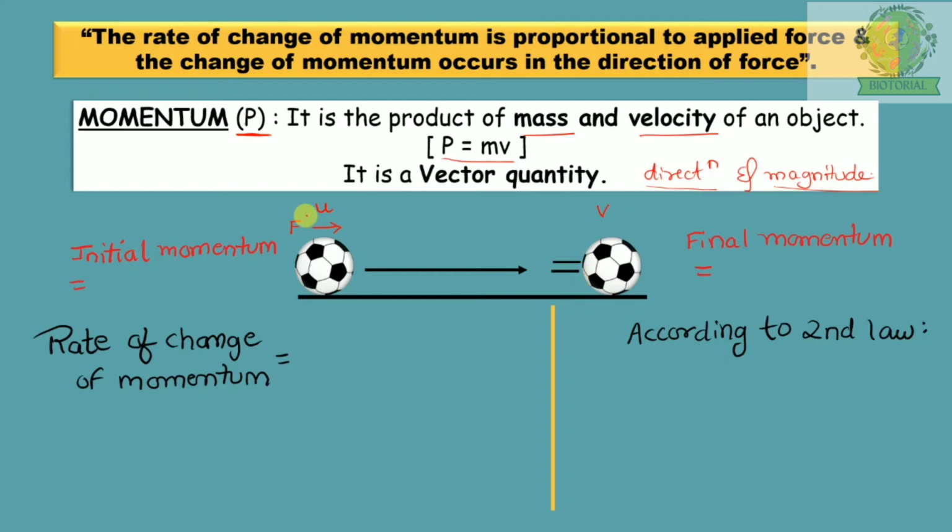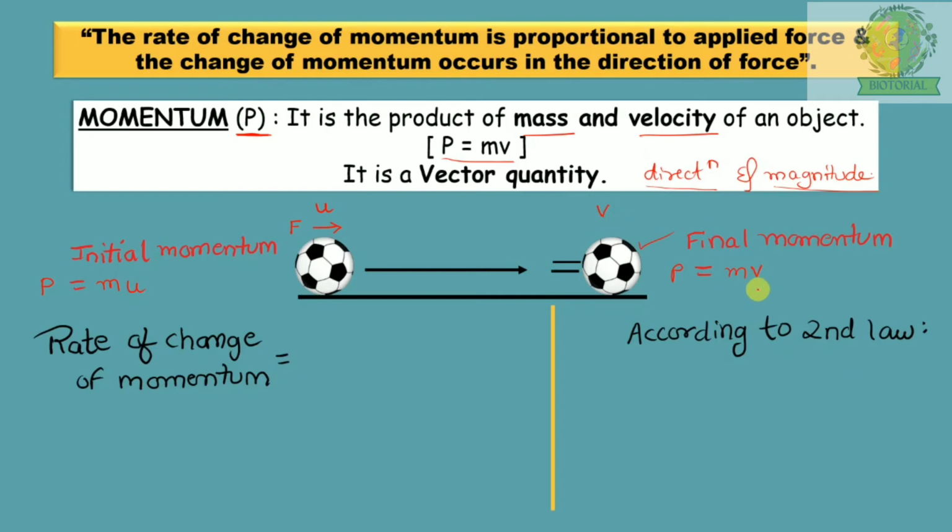Okay, so now what can I say according to this particular formula? That initial momentum at this particular place can be written as p is equal to mass remains the same, but initial velocity becomes u. Okay, and similarly here also at this final position, what is the momentum according to this formula? P is equal to mass remains the same of ball into velocity at the final position, which is v.